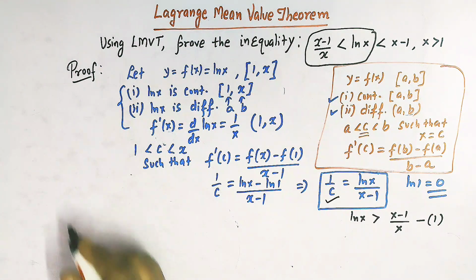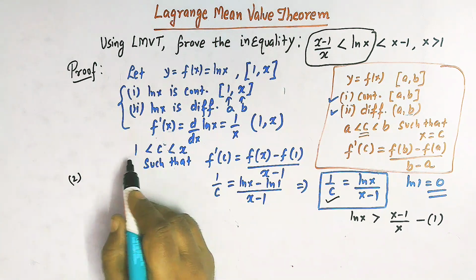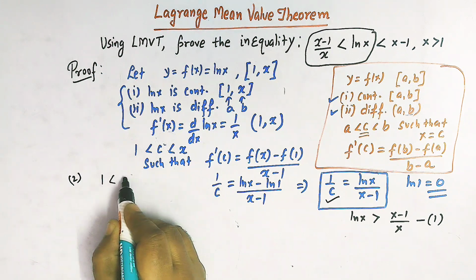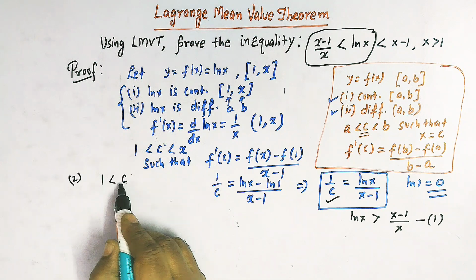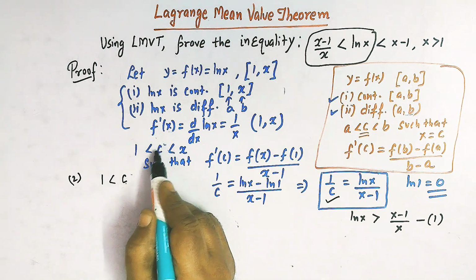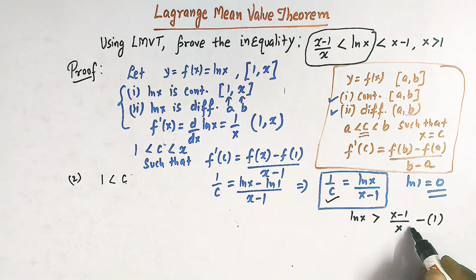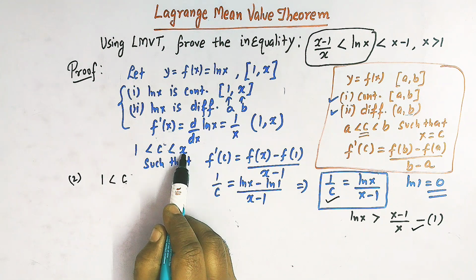So now let us frame the second inequality. For the second inequality, we'll start with the inequality that c is greater than 1, because c is a number which lies between 1 and x, and for the first inequality we used c less than x.